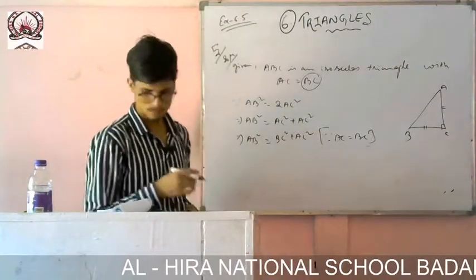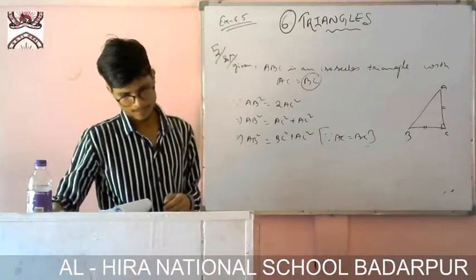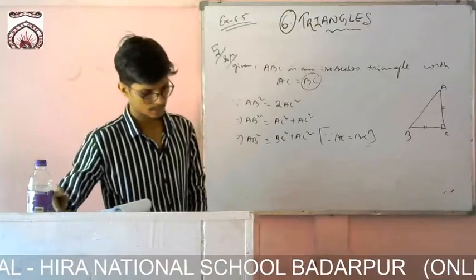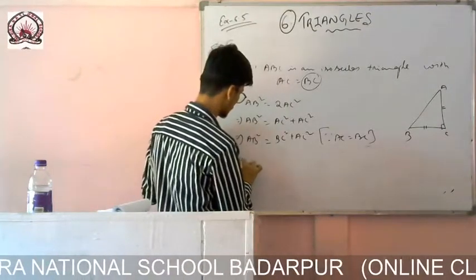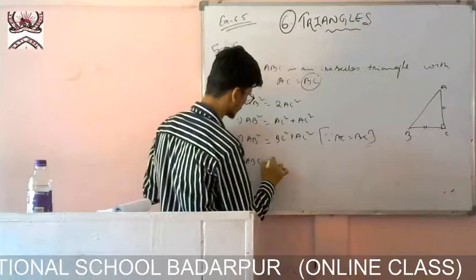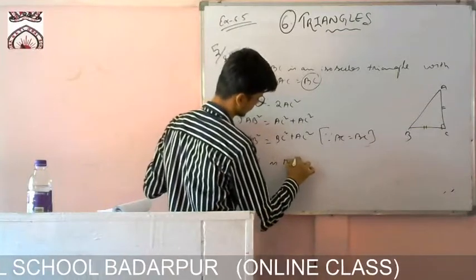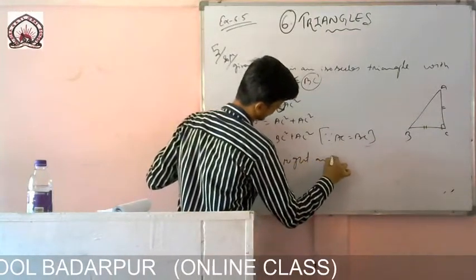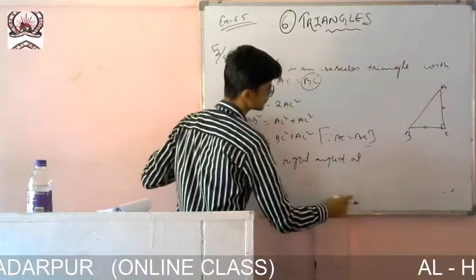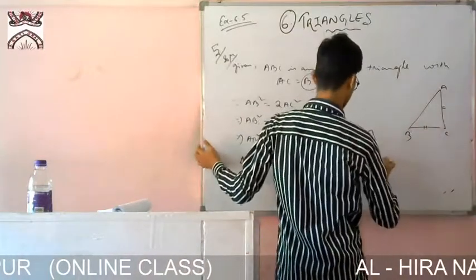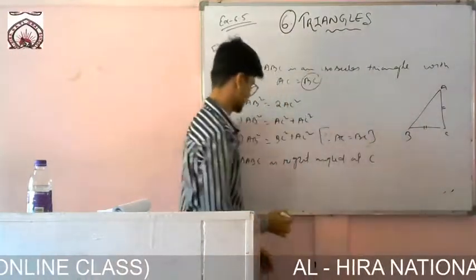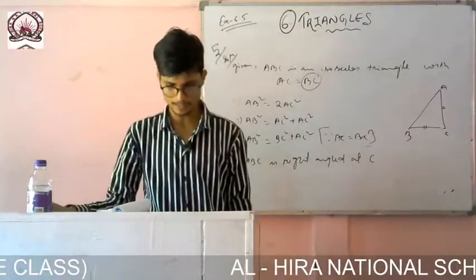AB square is equal to BC square plus AC square. Therefore triangle ABC is right angled at C.